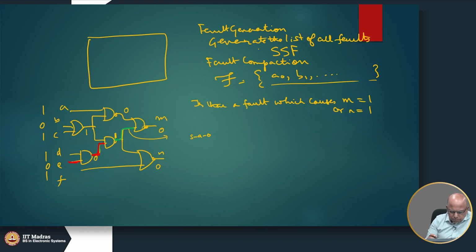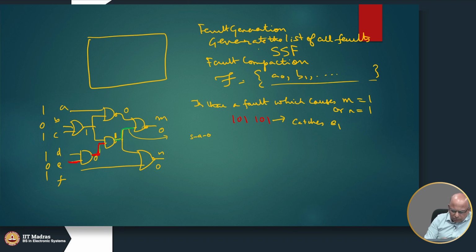So, this vector 1 0 1 1 0 1 catches E stuck at 1 and this wire stuck at 1. And it also catches this wire stuck at 0 and this wire stuck at 0.